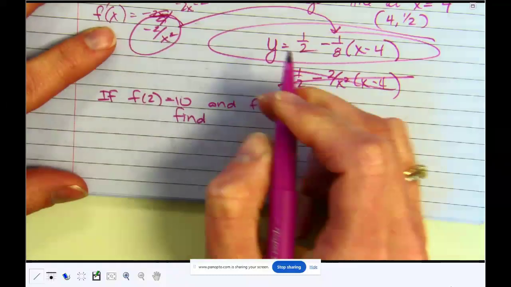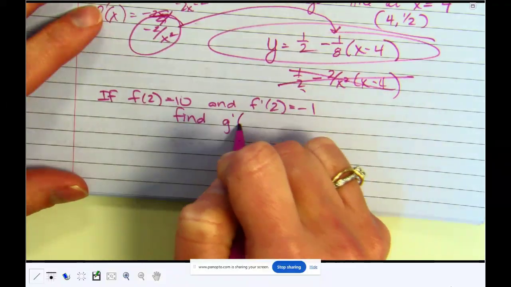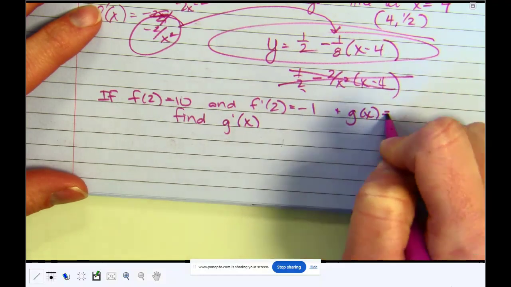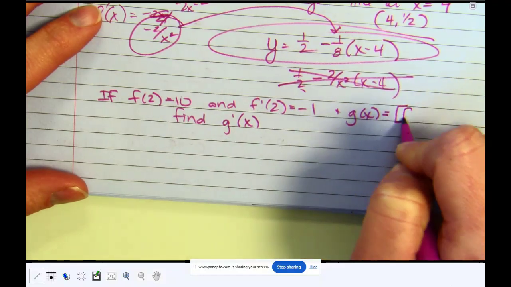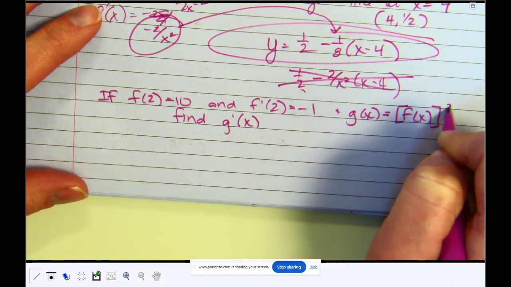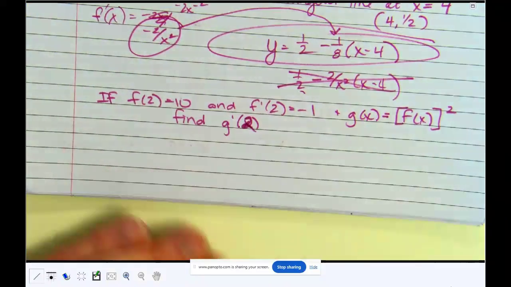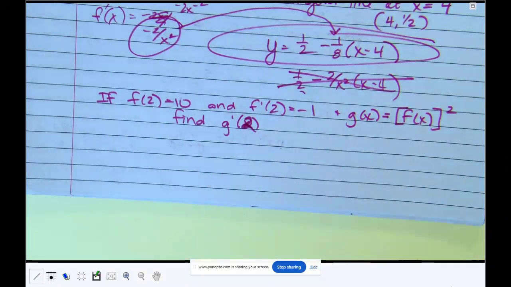Is this topic 13? Yes, period. This is the one I did. Okay, find G prime of 2. This is topic 13, the only one you're getting on this. But there's definitely some in the ones in the book that are fine.